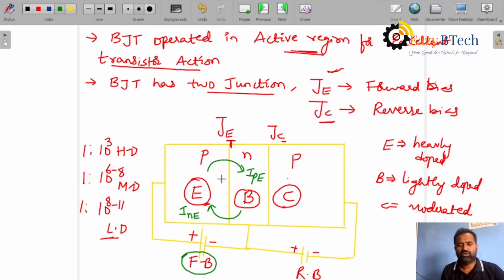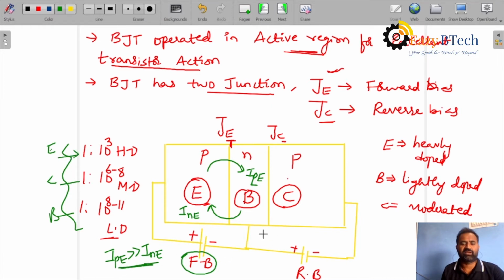And due to the emitter being heavily doped, IPE is much greater than INE because of their doping. This is the emitter, this is the collector, this is the base. IPE is much greater than INE.